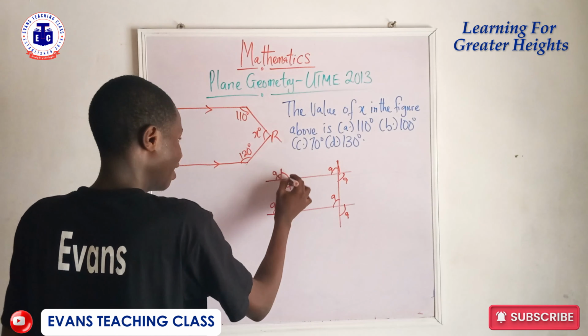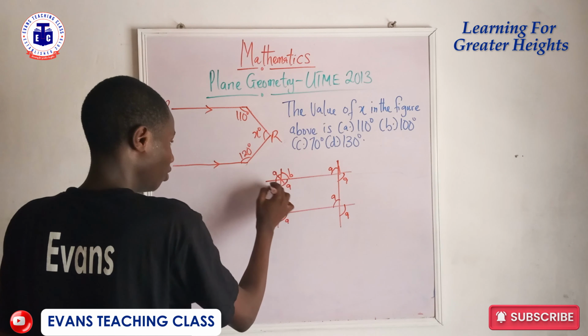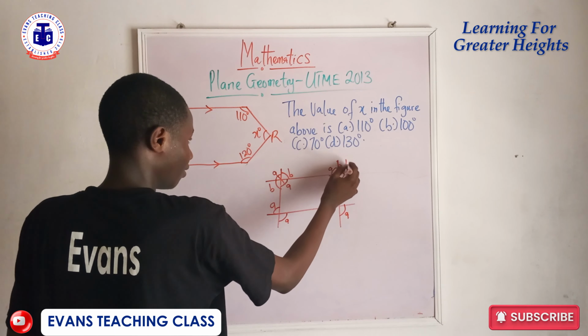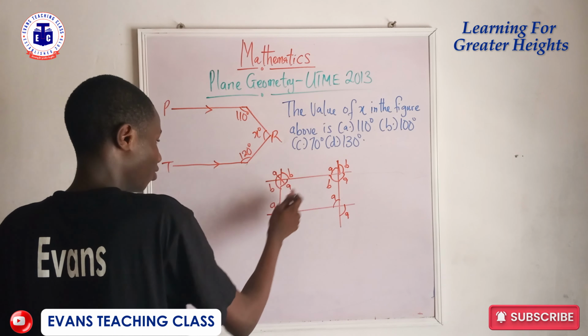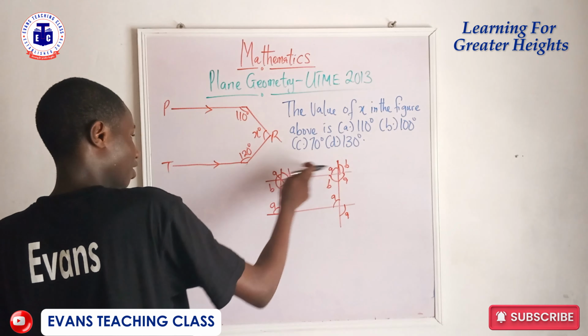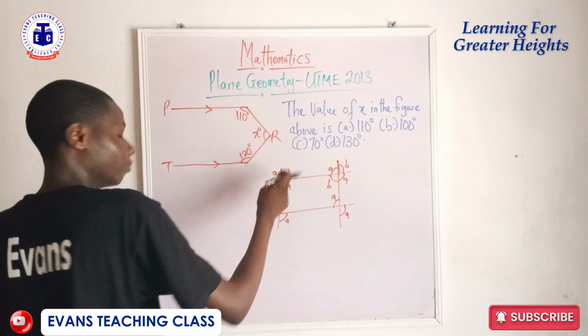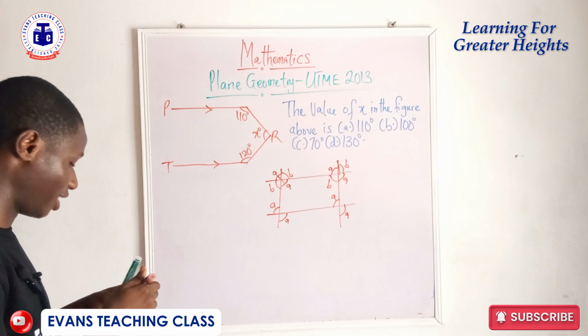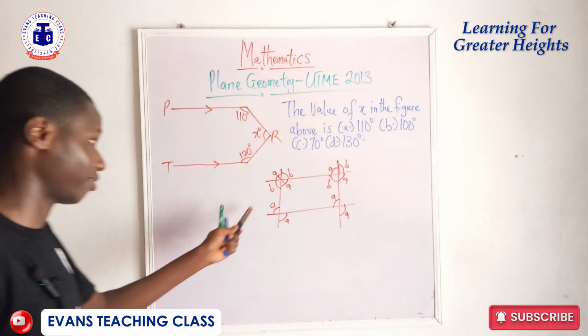But if you have B here now, B will be equal to this place. This is an alternate angle, like a corresponding angle.